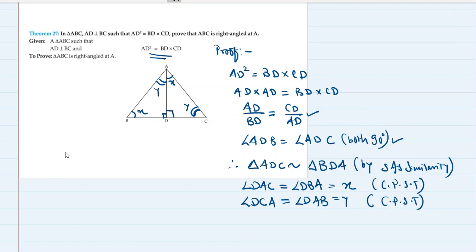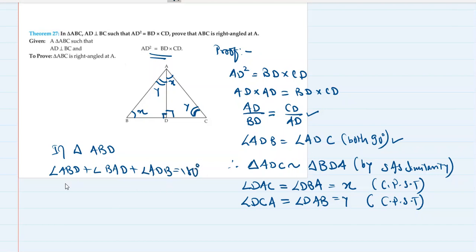Now, very important because we are approaching the end of the proof. After all this, you will write this. In triangle ABD, angle ABD plus angle BAD plus angle ADB is equal to 180 degree. Why?